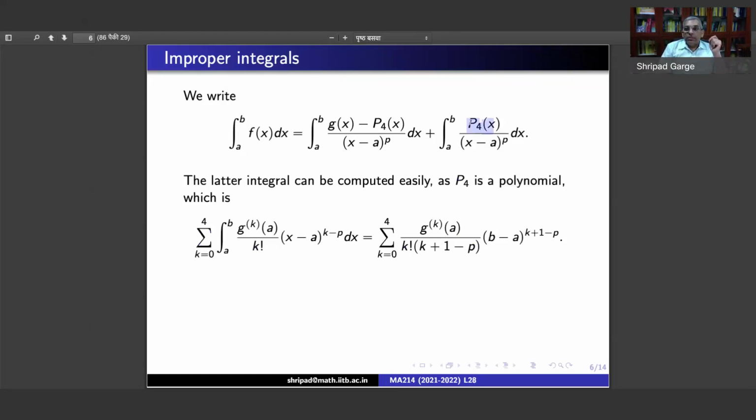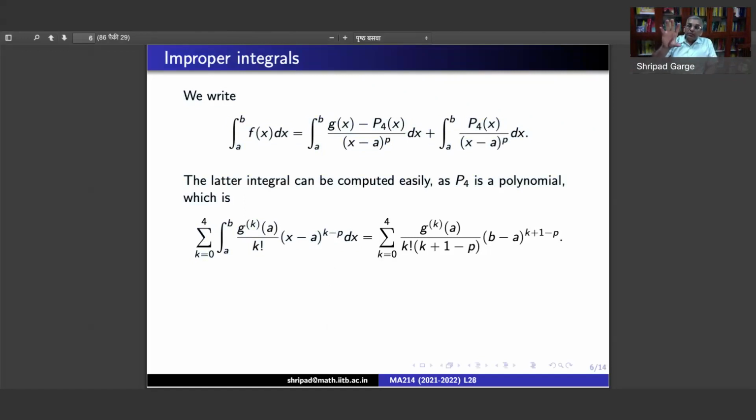Each of the terms of P4 that we have, we will put them here, and the power of x will be k minus p. That's the only thing, and we can easily compute the integration, which will be the summation, k going from 0 to 4, of the kth derivative of g at a over k factorial, and it's really the integration of (x minus a) to the power k minus p. That is (b minus a)^(k+1-p) over (k+1-p).